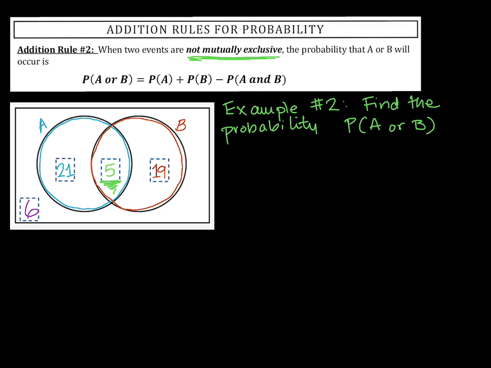But before we get started with the probabilities involved, we want to know what the total number of outcomes is. So the total number of outcomes is going to be 6. Oops. Actually, I wanted this example to be 5. So it's going to be 5.